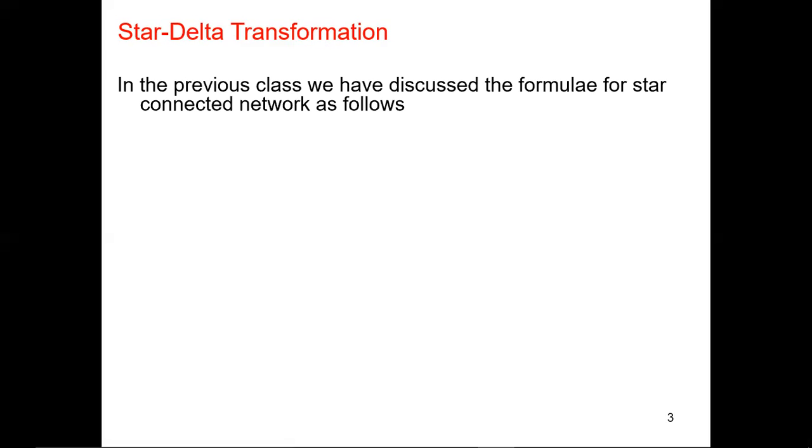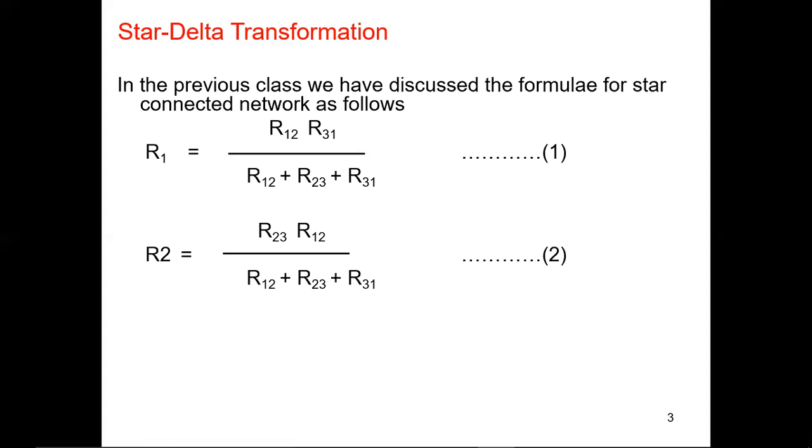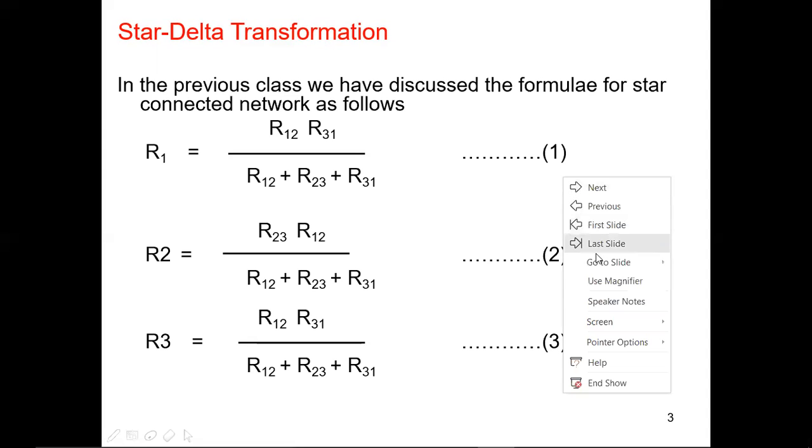So what equations did we get? In the previous class, we discussed the formula of the star connected network. This is R1, R2, and R3.